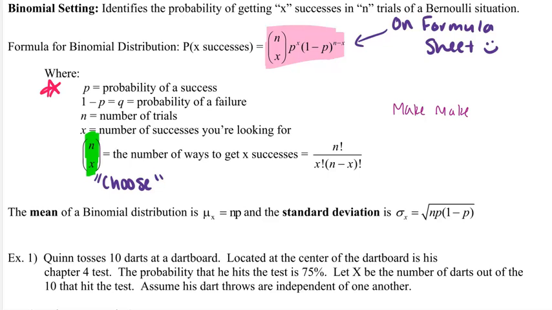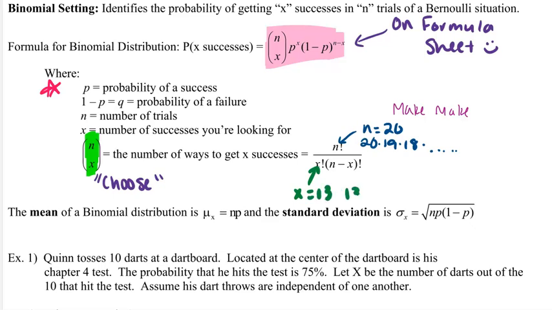So you could totally find that by hand. You would do the number of trials you have as a factorial. Remember that factorial just means, let's say my N is 20, I'm going to be doing 20 times 19 times 18 times and so on until I get down to 1. All over the number of successes you want. So let's say I wanted 13, right?